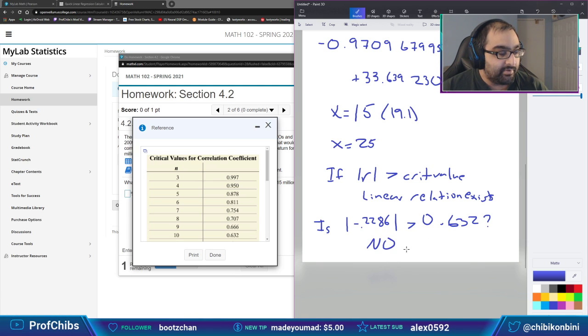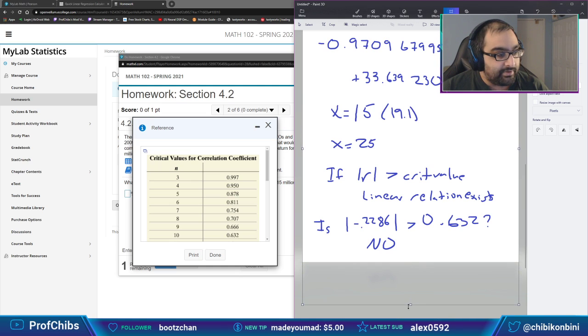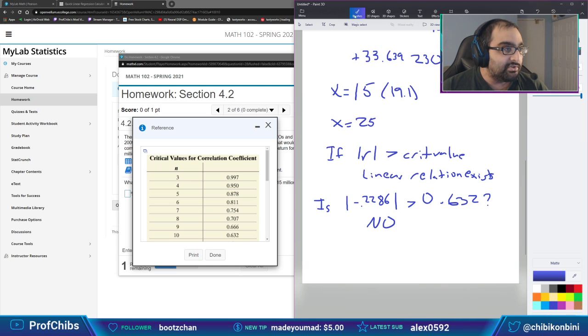Because the answer is no, definitely not, there's no linear relation. So my fault was not looking at that part.